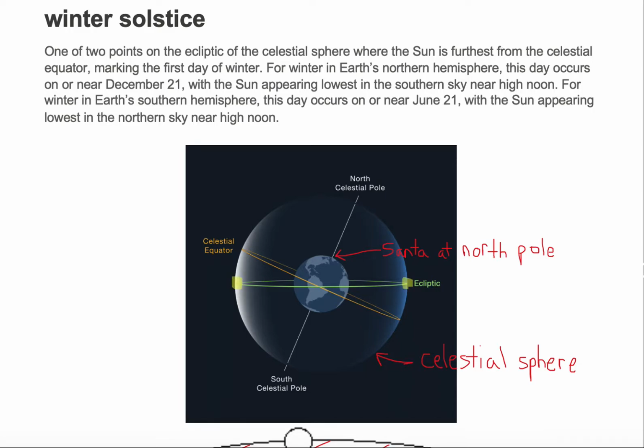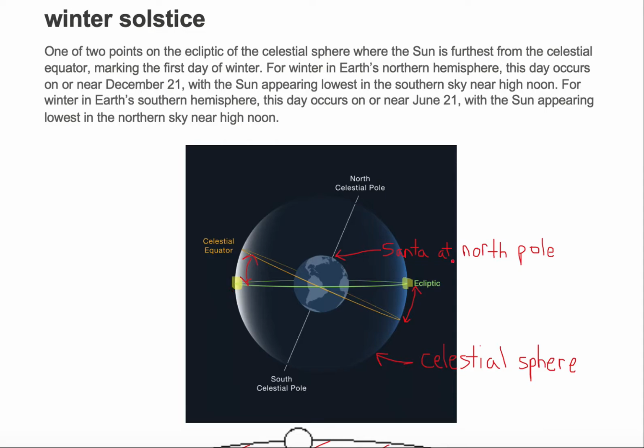Well, that must be these 2 points. Here's this yellow point on the green line of the ecliptic, and here's this yellow point on the green line of the ecliptic. Notice that these 2 points are furthest from the celestial equator, which I have indicated by these 2 arrows.